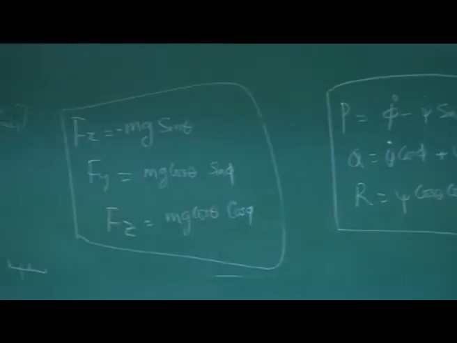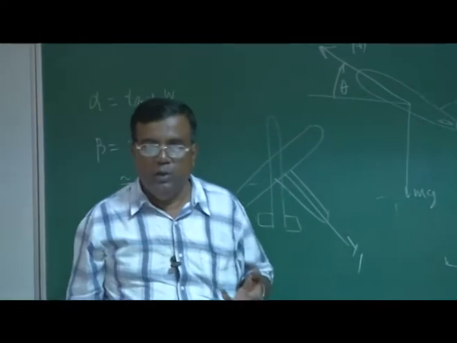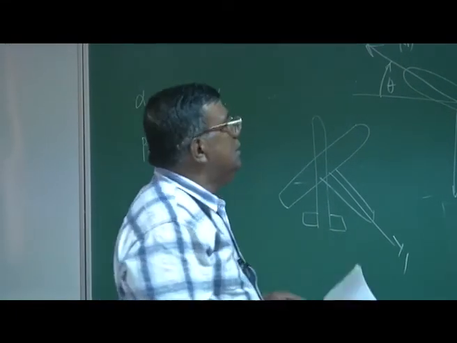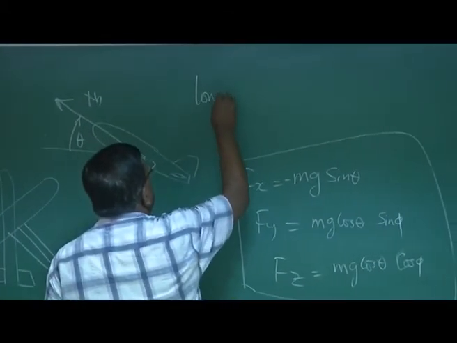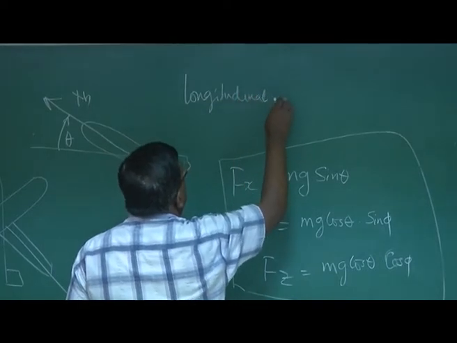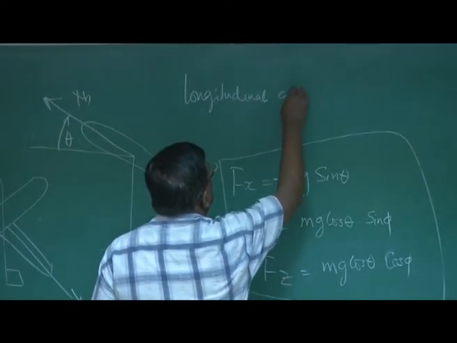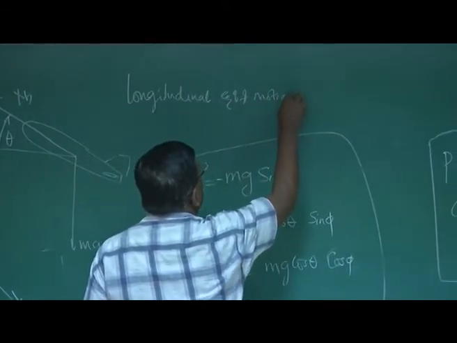We will be mostly dealing with the u dot, v dot, w dot, p dot, q dot, r dot equations. And among those, in this course, we will be mostly doing longitudinal equations of motion, which are perturbed equations of motion.